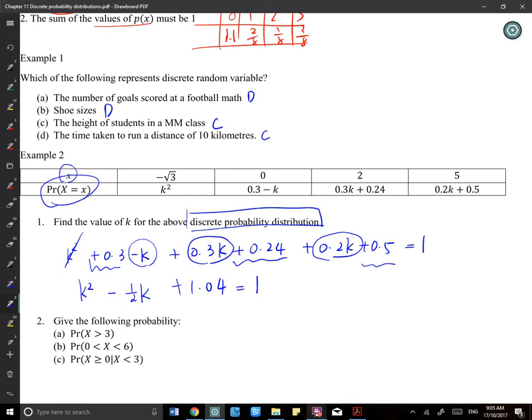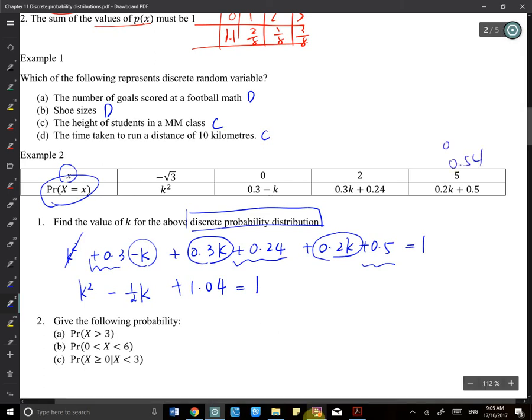Correct? I think so. 0.54 plus 0.5 is 1.04, and then you have a 1 on that side, you can subtract that 1. So that becomes k squared minus half k, plus 0.04, that's 4 over 100, that's plus 1 on 25, equals to 0.